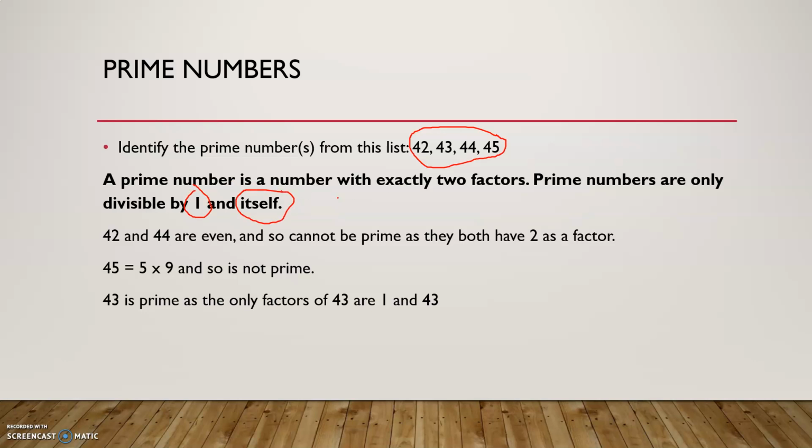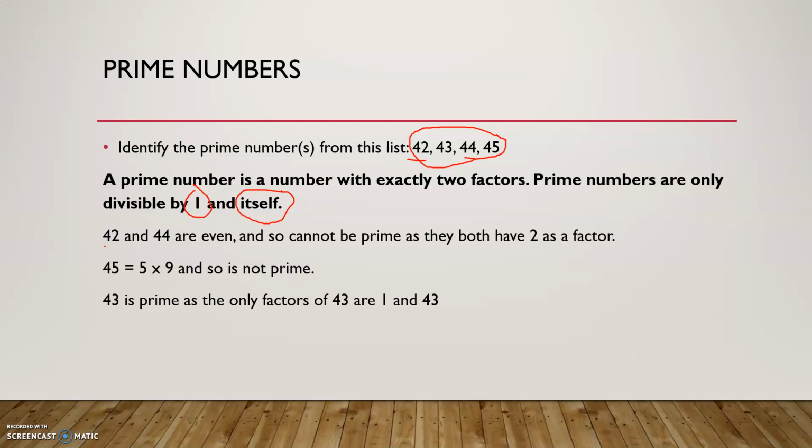Now if we apply this definition to these numbers, first we look at 42 and 44. They are even numbers, and so cannot be prime as they both have 2 as a factor.